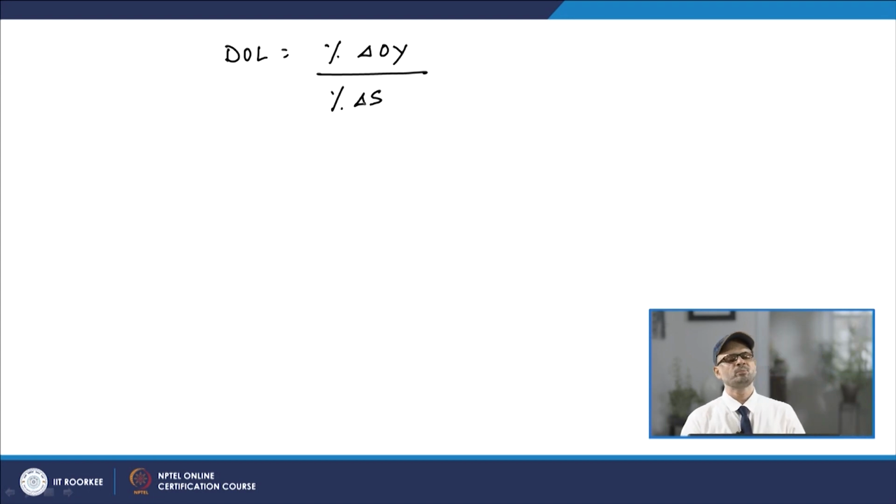That is how the degree of operating leverage is defined.